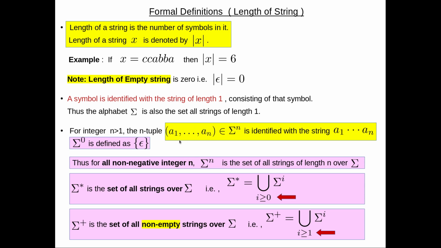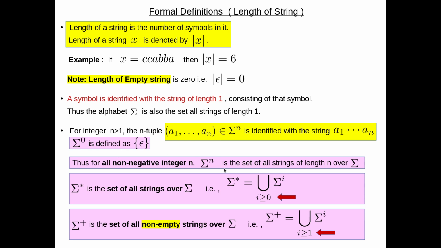Now this n-tuple we can identify with this string, this finite sequence a1 to an. We won't use the brackets and commas. So in that sense, for all positive integers n, sigma to the n will be the set of all strings of length n precisely, right?